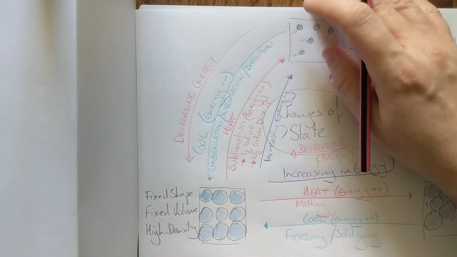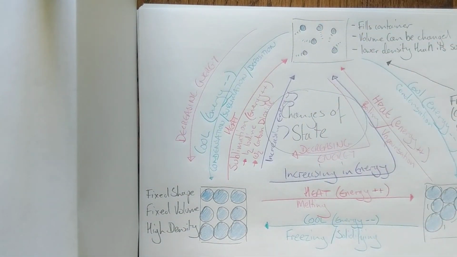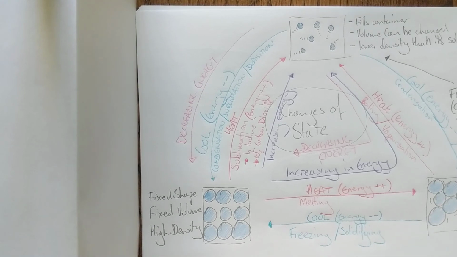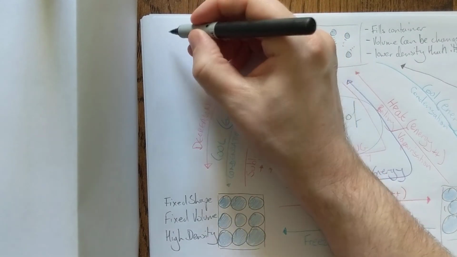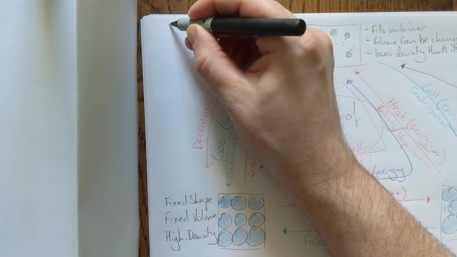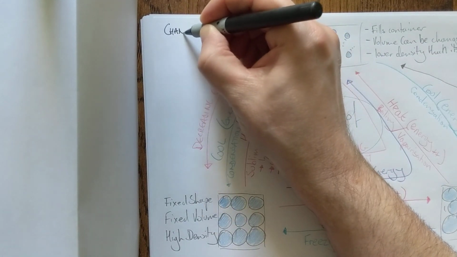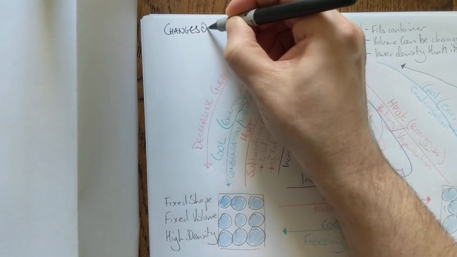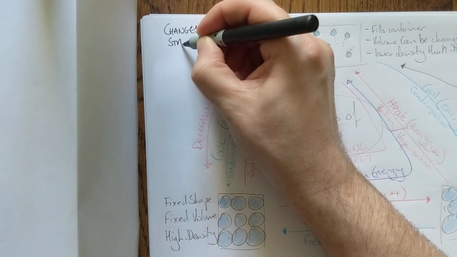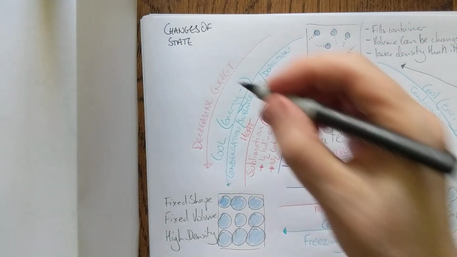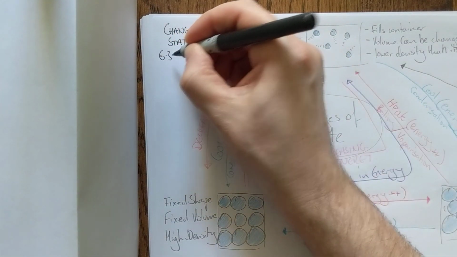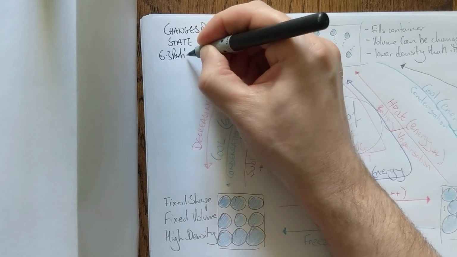What I now want you guys to do, and don't put this on your diagrams, but I'm just writing it down here so you've got a record. I want you to look at your changes of state section of the Word document that is called 6.3 particle model.